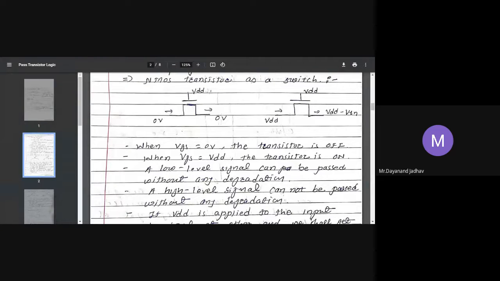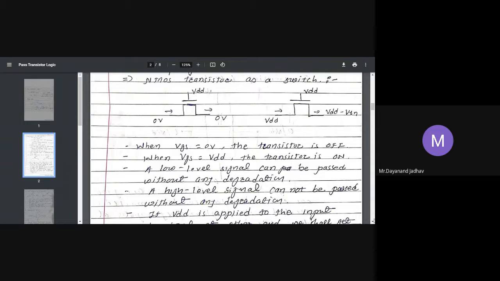But a high voltage level signal, say 5 volts, cannot be passed without degradation. Because of the threshold voltage, the output is VDD minus VTN, that is the applied voltage minus its threshold voltage.